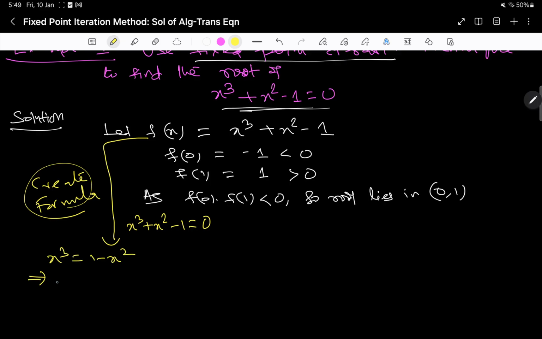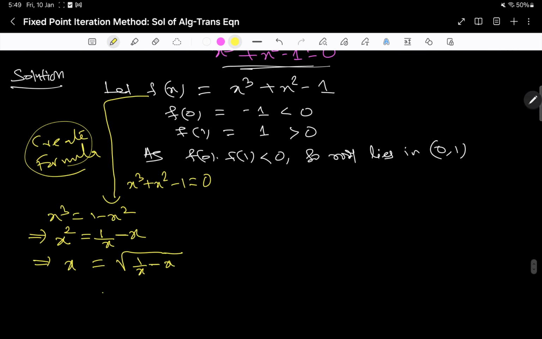So x square will be, if I divide by x, 1 by x minus x. Then x is the square root of 1 by x minus x. So this is my x. I may call it, suppose, my phi 1 x.